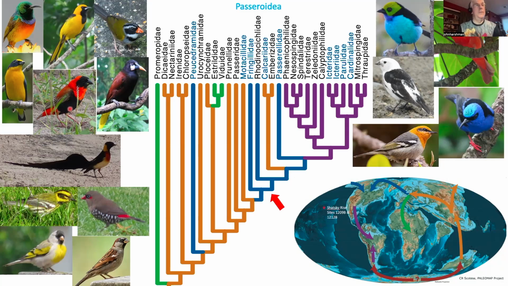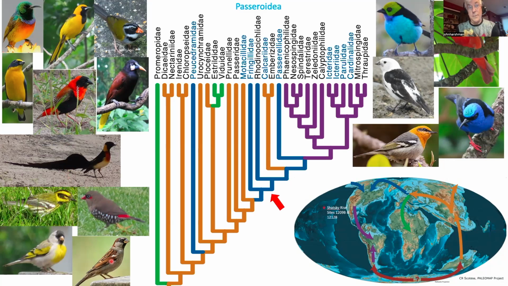The weavers, big in the Old World. The Australian finches, big all over the Old World, including Australia. So again, these arrows here do sometimes go in both directions. Some of the Asian families have managed to get to Australia. The Australian finches are one.